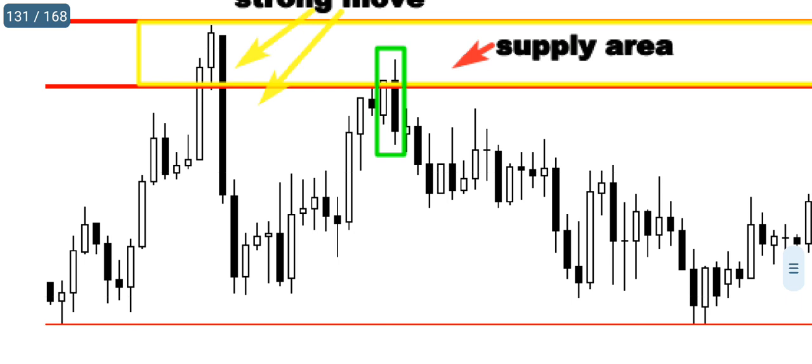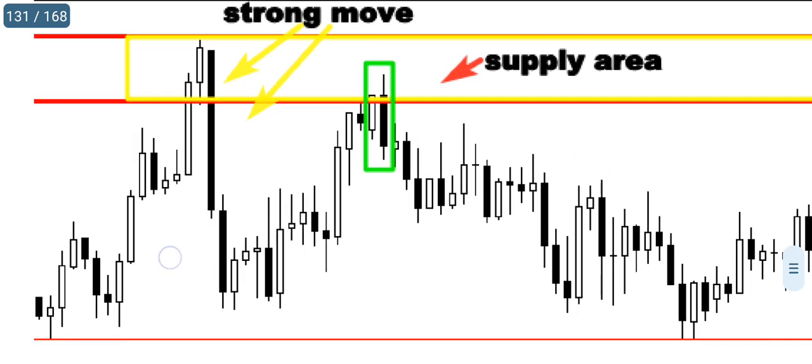The supply zone is at a certain level where the sellers are selling a particular commodity, and at that point the buyers who are trying to buy cannot buy the market at a price beyond the price at which the sellers are selling the market.